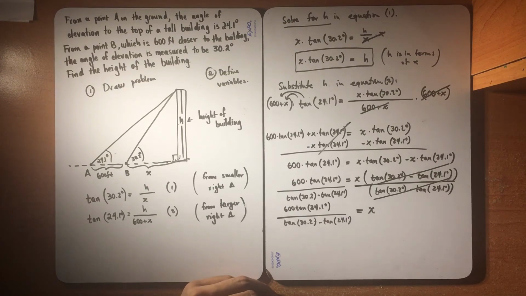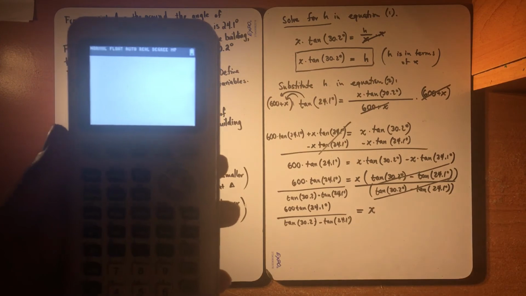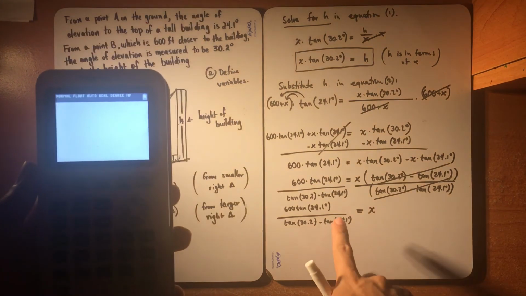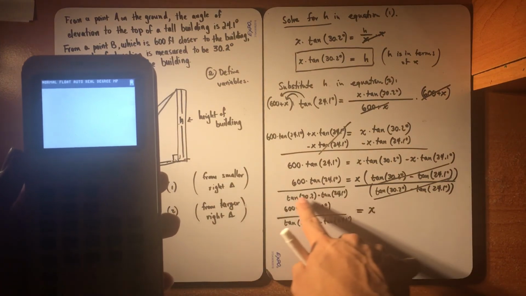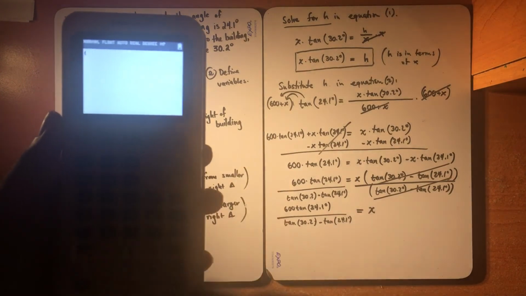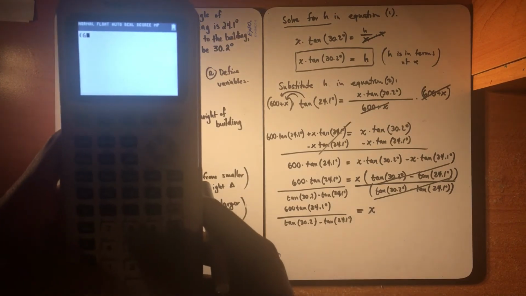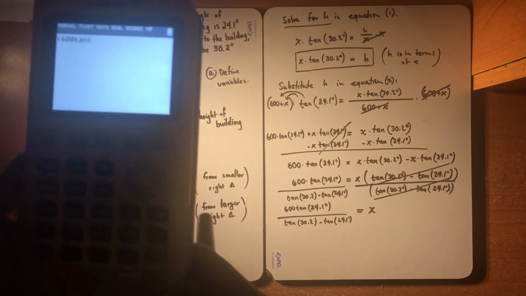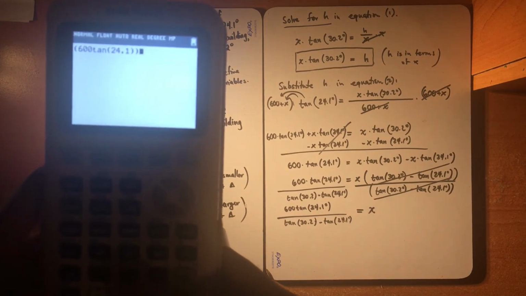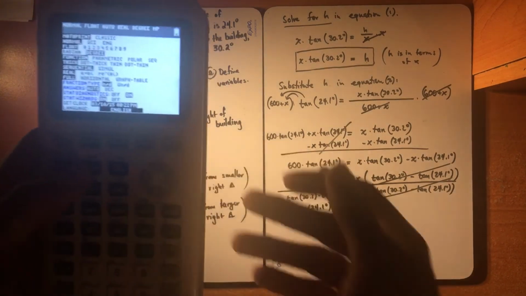Now, this is when I need to utilize the calculator to find what that x value is numerically. Just be careful when you plug this into your calculator. We're going to plug in this fraction. I'm going to put the numerator in the first set of parentheses, which is 600 tangent of 24.1 degrees. Make sure, because these are in degrees, that your calculator mode is also in degrees, and it is.